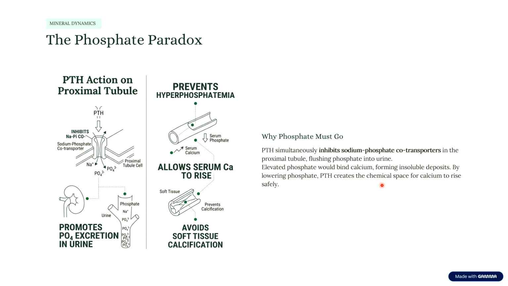So the PTH creates the chemical space for the calcium to rise safely. We can see here that PTH acts on the proximal tubule and promotes phosphate excretion in the urine, which prevents hyperphosphatemia. Hyperphosphatemia means an increased amount of phosphate in the blood, which allows the calcium level to increase and avoids soft tissue calcification.